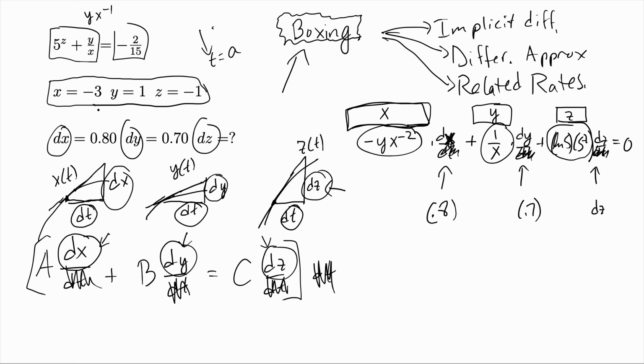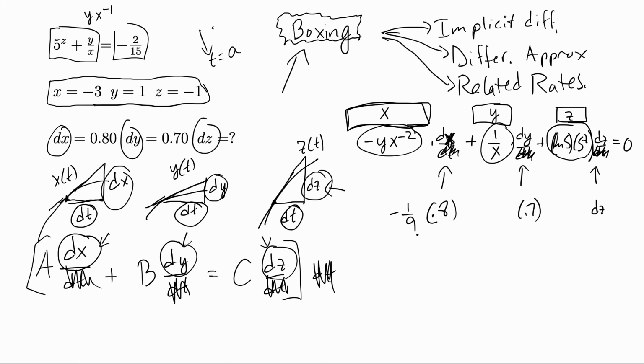Y is 1, x is -3, but you're squaring it and taking reciprocals because of the -2 power. So 1/9, -1/9 is that constant, because y is 1, x is -3, and squared it's just +9, but then you have a negative out front.